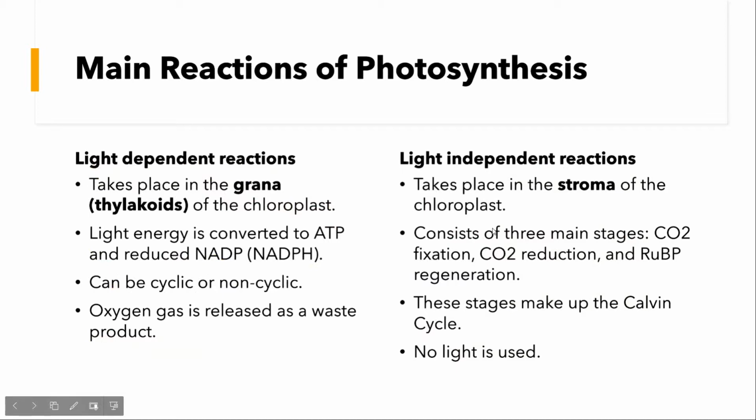Here's a summary for the photosynthesis. We have light-dependent reactions which take place in the grana or thylakoids of the chloroplast, and light-independent reaction which take place in the stroma of the chloroplast. So in the light-dependent, light energy is converted to ATP and reduced NADP or NADPH. It can be cyclic or non-cyclic, and oxygen gas is released as a waste product.